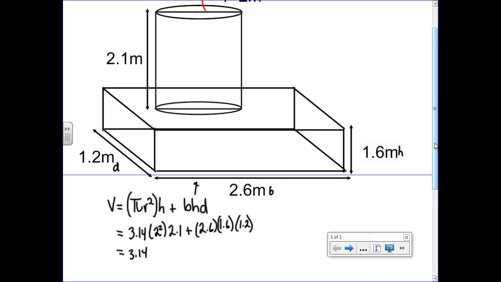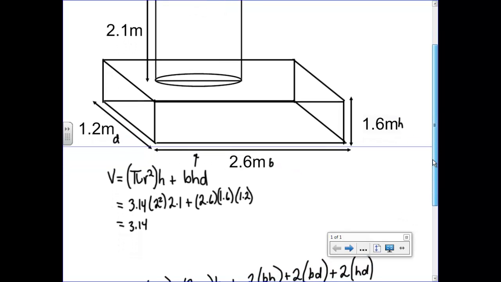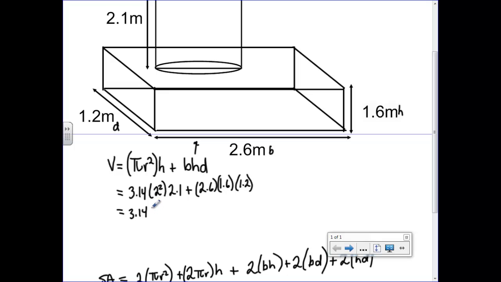Then it's simply following order of operations to solve the problem. I shouldn't need a calculator, but I might once I get to here. 2 times 2 is 4, so the radius squared is 4.